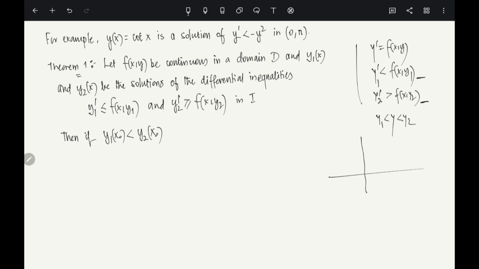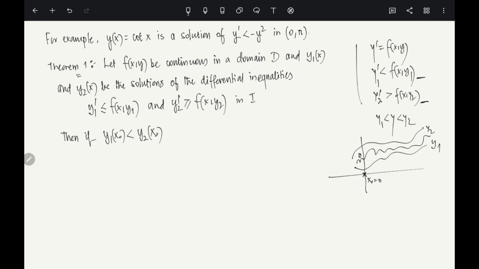Let's say that y1 starts from here, and x naught is 0. So wherever it is starting, y1 is below y2. So y2 may be like this, let's just say this is y2, and if y1 and y2 satisfy those two equations, then you know that y will maybe be a solution like this, y will be in between y1 and y2.